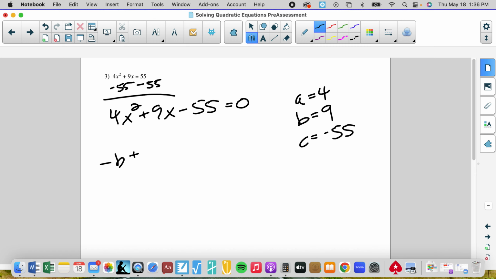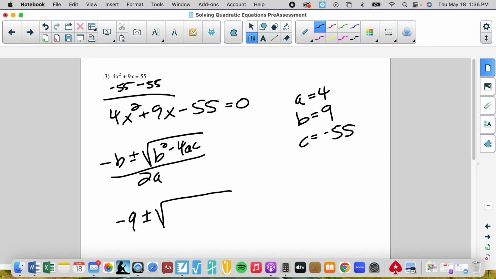Opposite of b, plus or minus the square root of b squared minus 4 times a times c all over 2 times a.